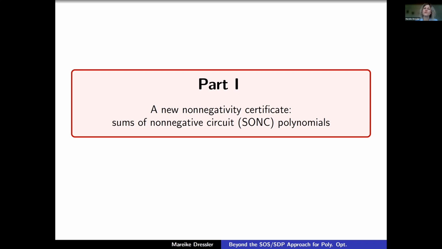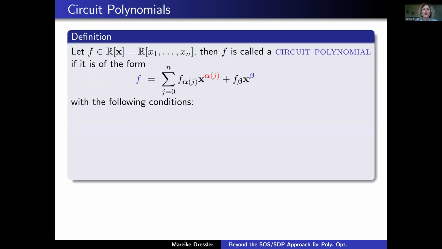To introduce this new non-negativity certificate, I really start with explaining what a circuit polynomial is, because this is the building block of this new non-negativity certificate. A circuit polynomial is a polynomial that has a specific shape. It looks like so.